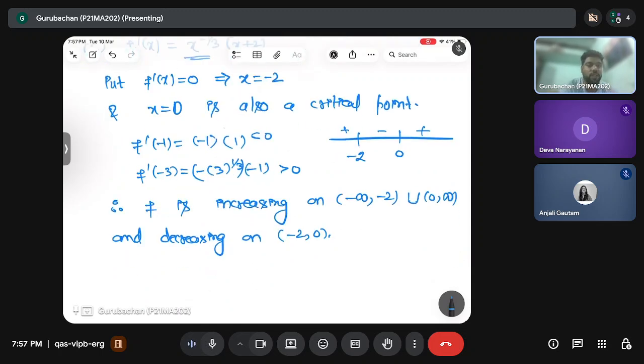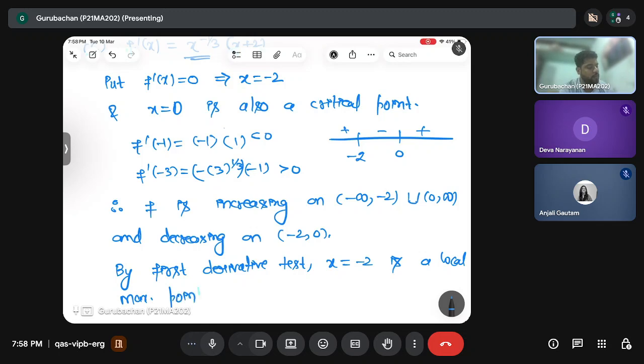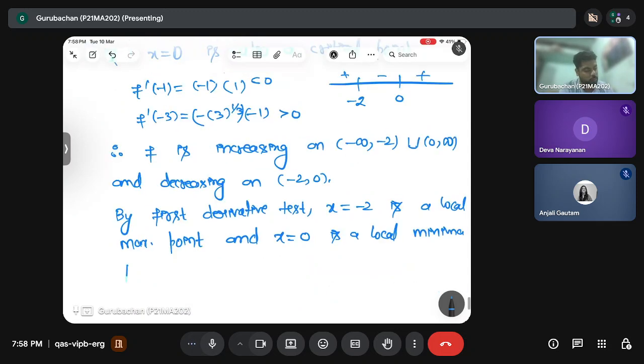Now since there is a change of sign, by first derivative test, x equal to minus 2, positive to negative, is a local maxima point and x equal to 0 is a local minima point.